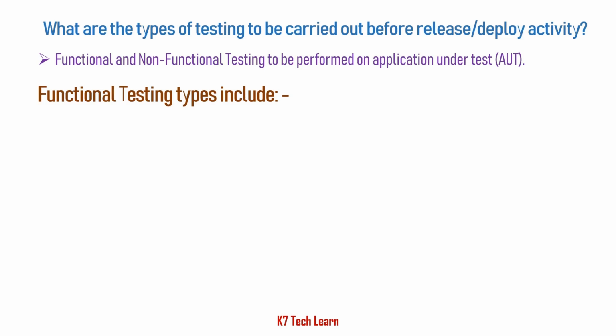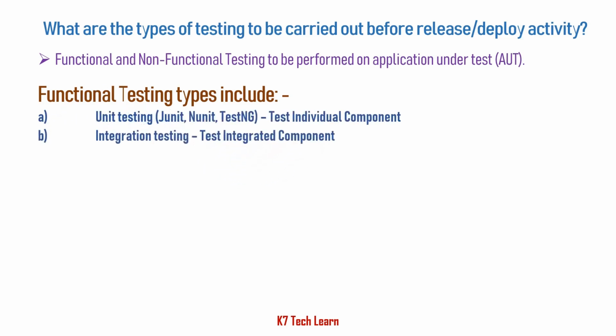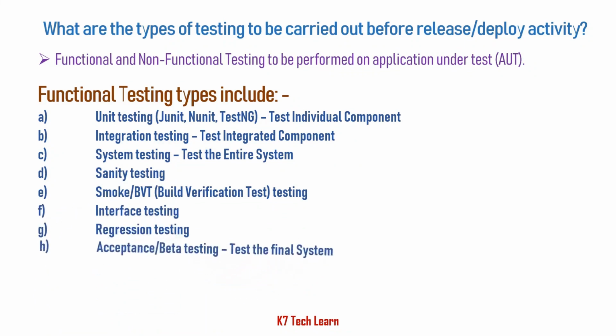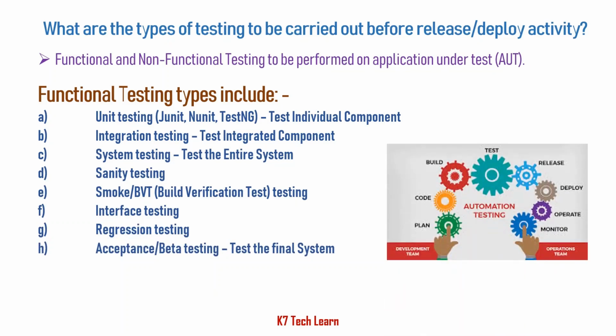Let's see what are the functional testing types: unit testing, integration testing, system testing, sanity testing, smoke or BVT testing, interface testing, regression testing, acceptance or beta testing. Unit testing is also called code level testing. It will be performed by developers and sometimes by testers who have better knowledge of code level.